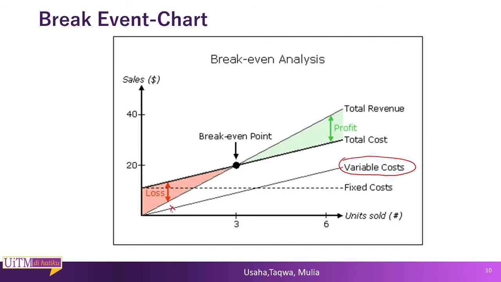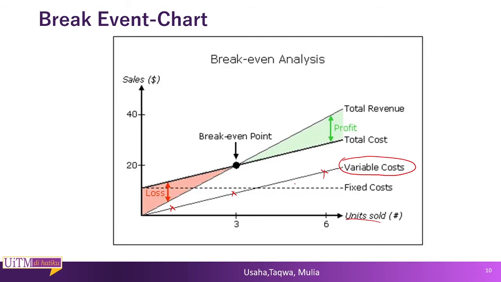If only one unit, how much will it cost? Then for 3 units, how much will it cost? And also, for example, 6 units, how much will it cost for variable cost? Variable cost includes material, labor, and purchased parts. That's why with an increase of units, there is also an increase in variable cost.